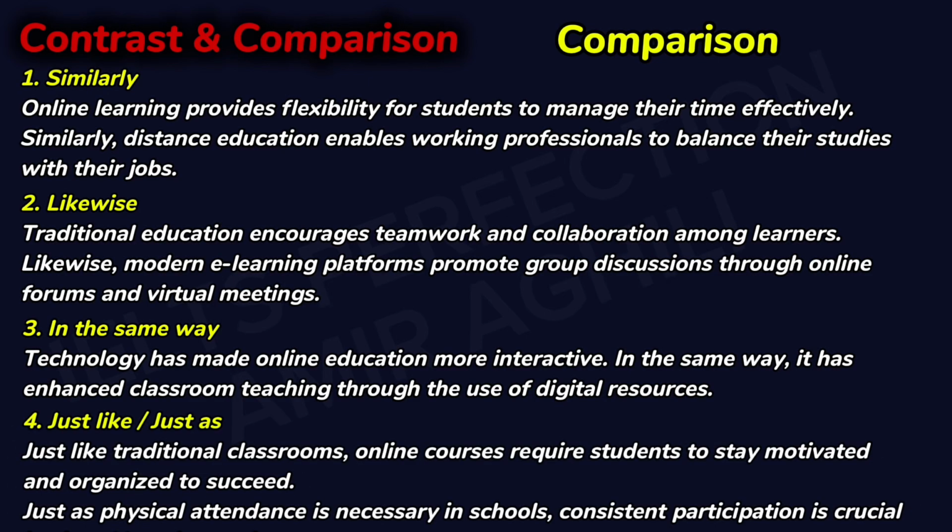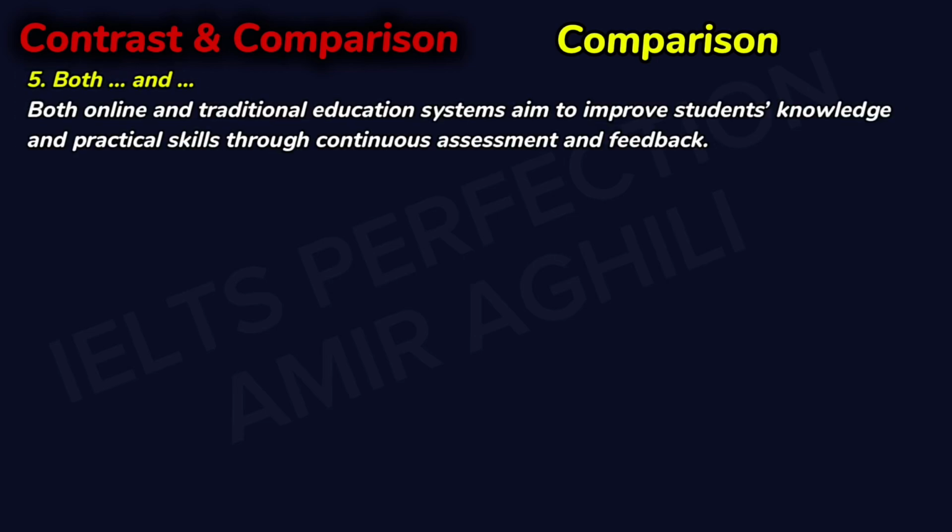Just like traditional classrooms, online courses require students to stay motivated and organized to succeed. Just as physical attendance is necessary in schools, consistent participation is crucial in virtual learning environments. Both online and traditional education systems aim to improve students' knowledge and practical skills through continuous assessment and feedback.